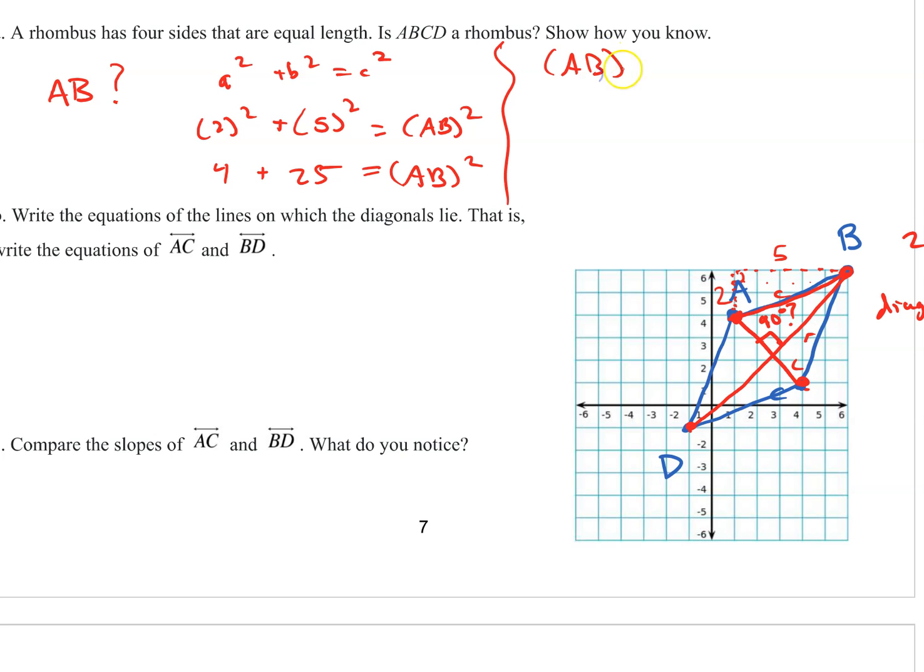So AB squared equals 29. And if I take the square root on both sides, AB is equal to root 29.